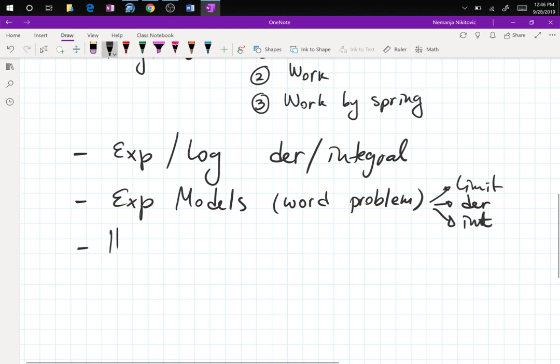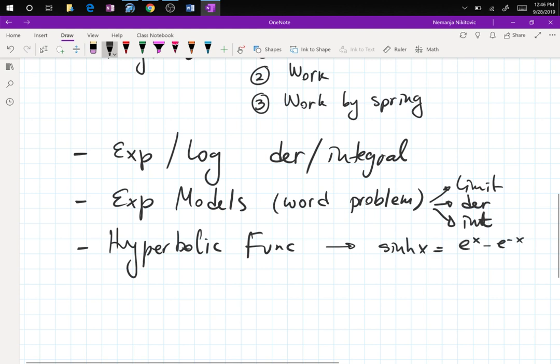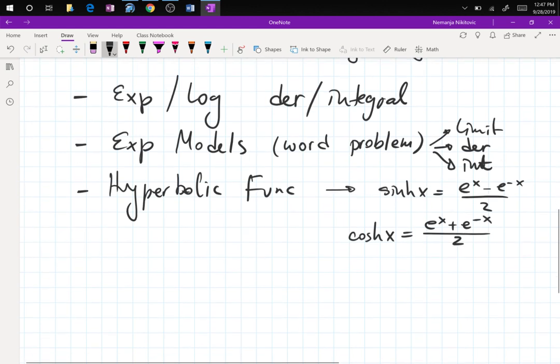And finally, hyperbolic functions, where the important stuff is that sine hyperbolic x was defined as e to the x minus e to the minus x over 2, must know that one. Cosine hyperbolic x was e to the x plus e to the minus x over 2, must know that one.